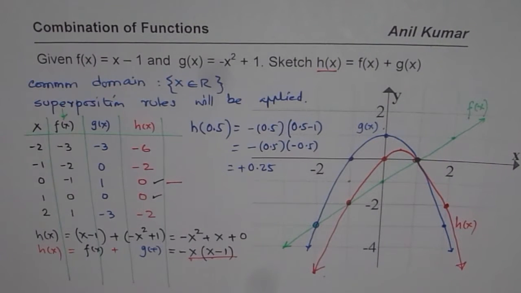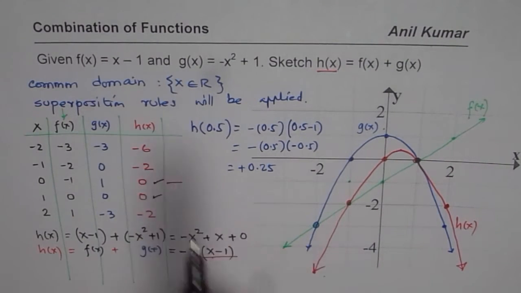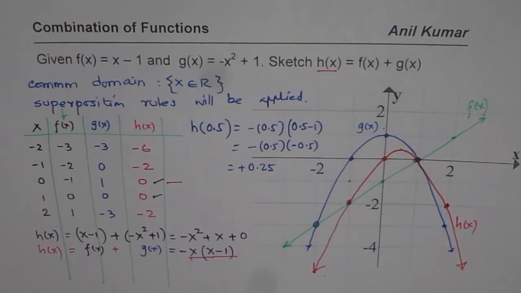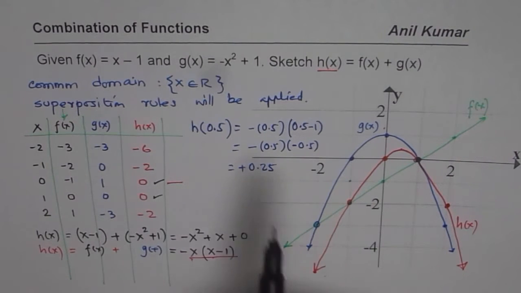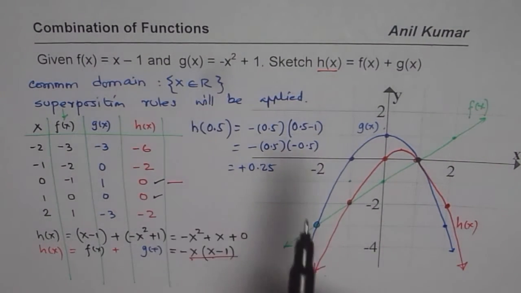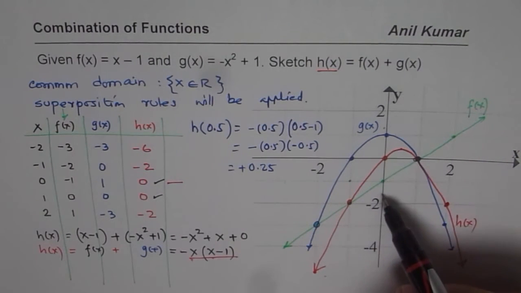So in this particular video, what we learned here is, given any two functions, find the common domain. They could be added or subtracted, or the combination of operations for two functions can be done in the common domain only. So on that common domain, for each value of x, we have to combine the values of y.